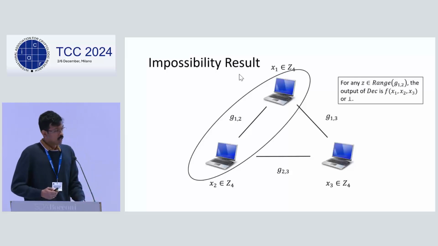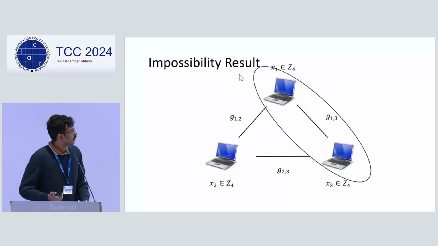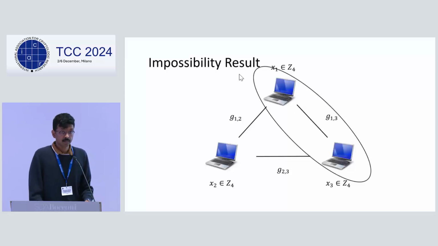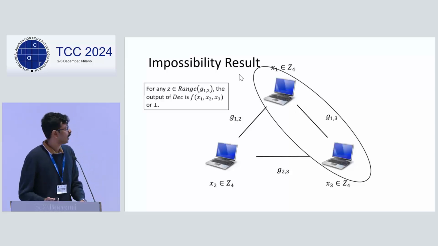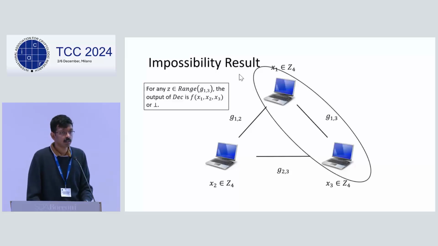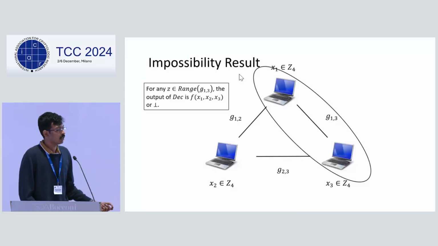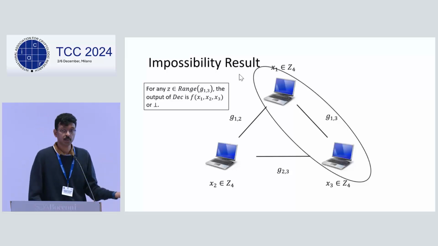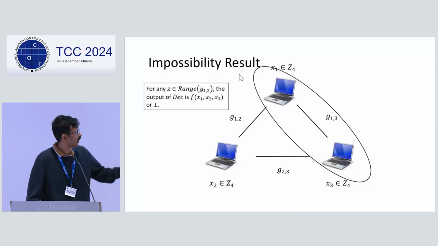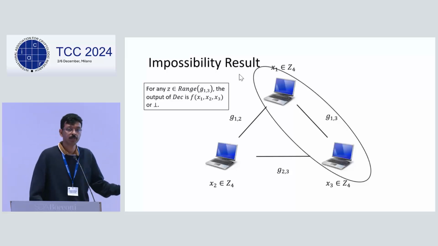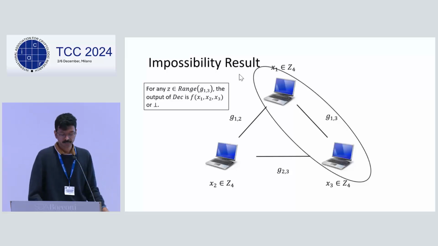Similarly, consider another adversary that corrupts P1 and P3. Via a symmetric argument, we can show that for any z in the range of G13, the output of the decoder is either f of x1, x2, x3 or bot. Again, if this is not the case, we can use this adversary to distinguish between the real and the ideal worlds.